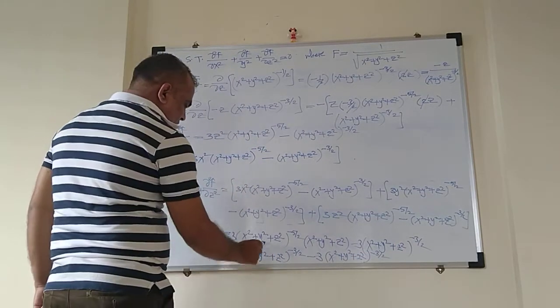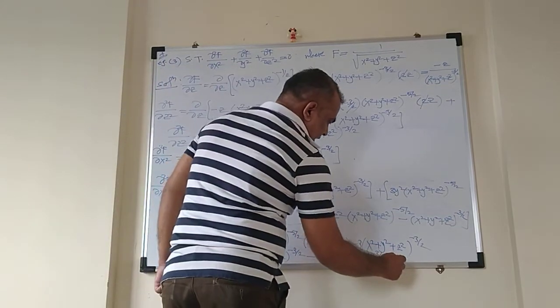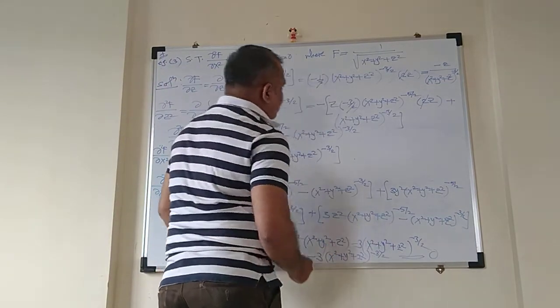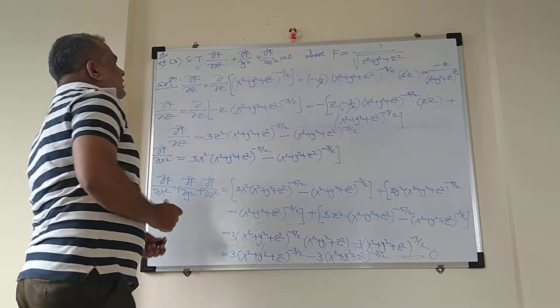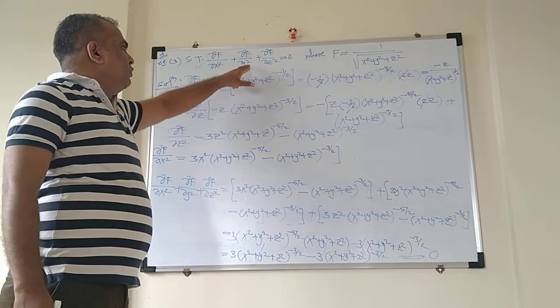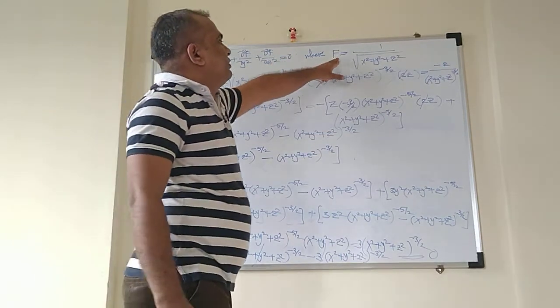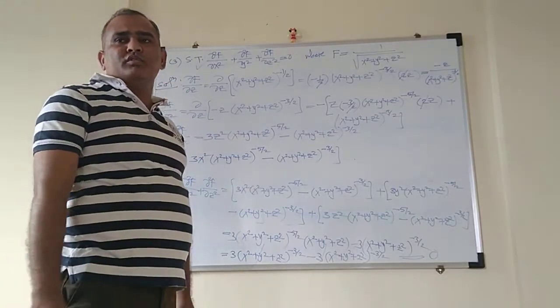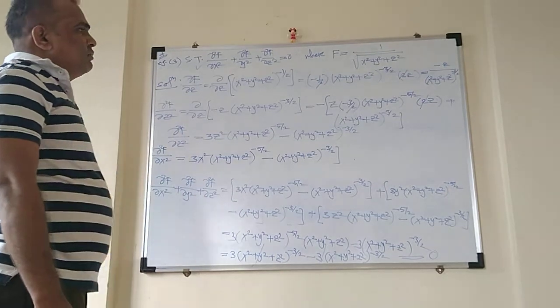Both are same terms with negative sign, so they get cancelled, and you will get this equal to 0, which proves that the second order partial derivative of the function with respect to x, y and z is equal to 0 if your function is equal to 1 upon square root of x square plus y square plus z square.